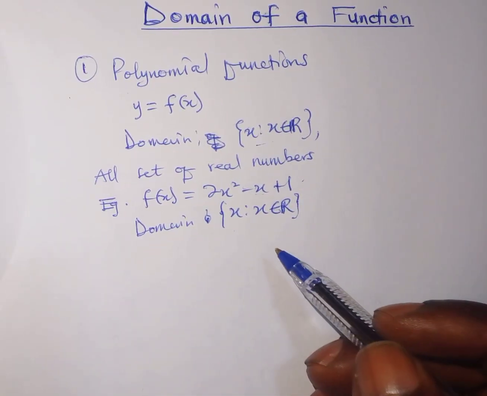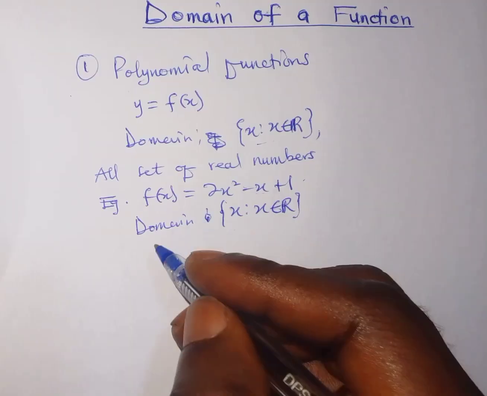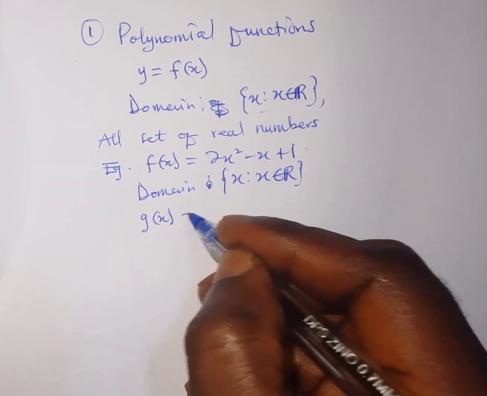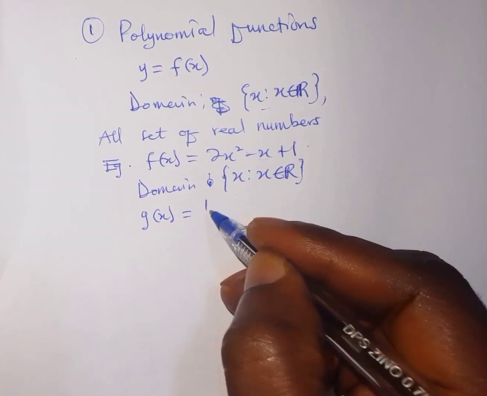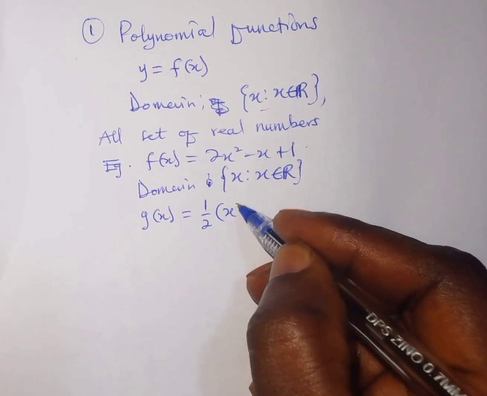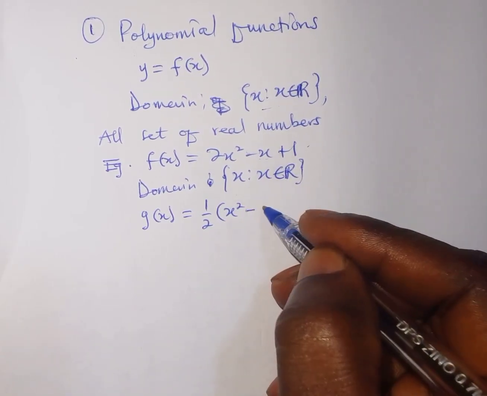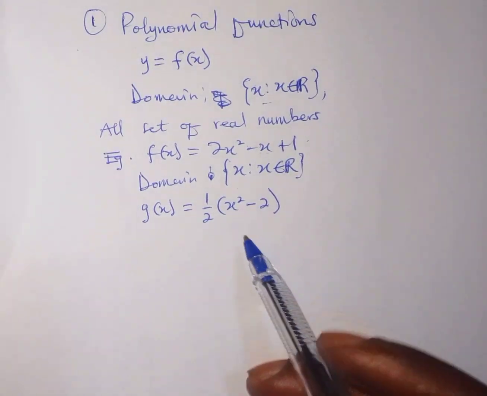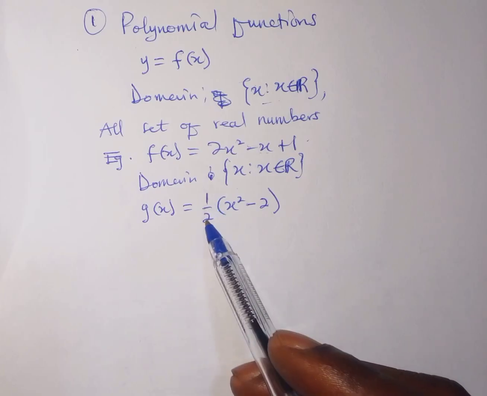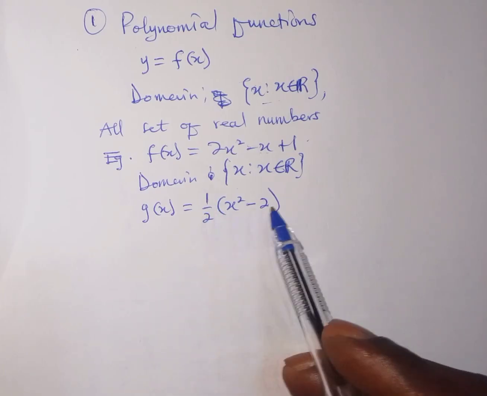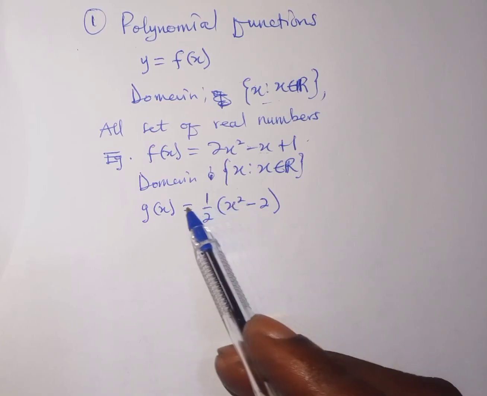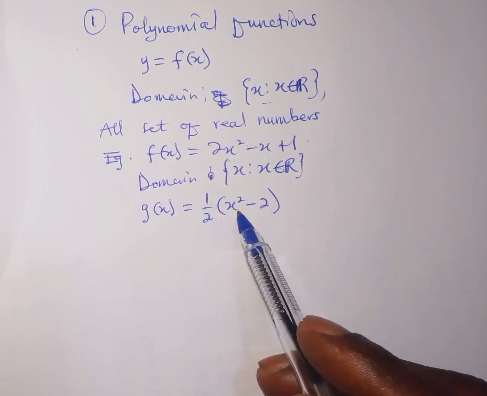So when we ask you to find the domain, if you are given another example, such as let's say j of x is equal to one half multiplying x squared minus 2. Now know that this is also a polynomial. Even though because of this fraction we can say that this is a rational function, because the denominator doesn't involve x, we can also call this a polynomial function.